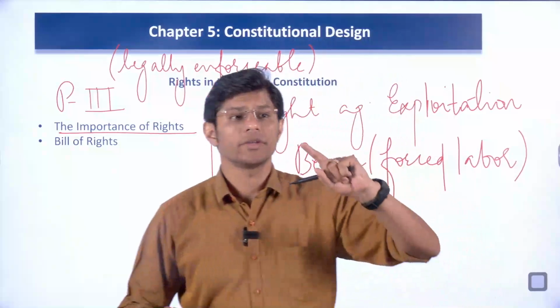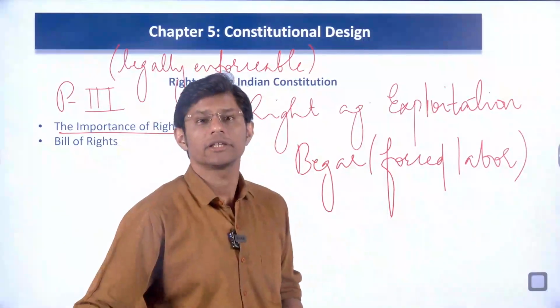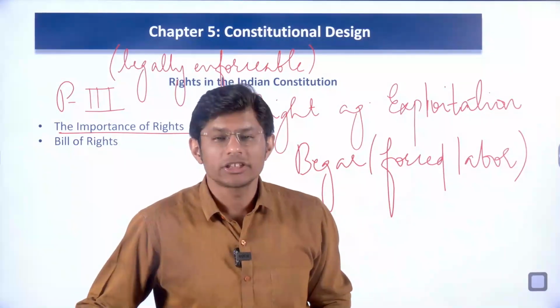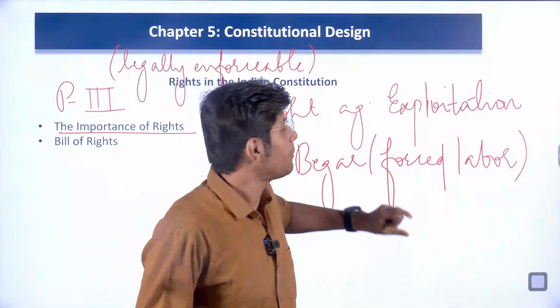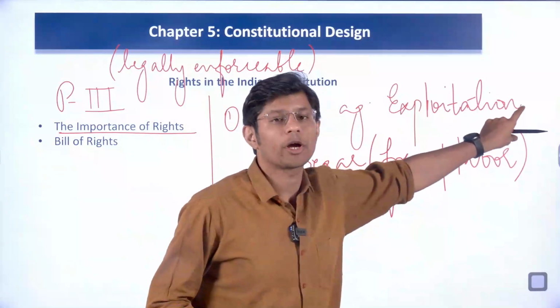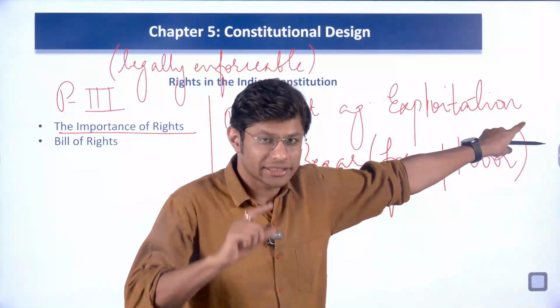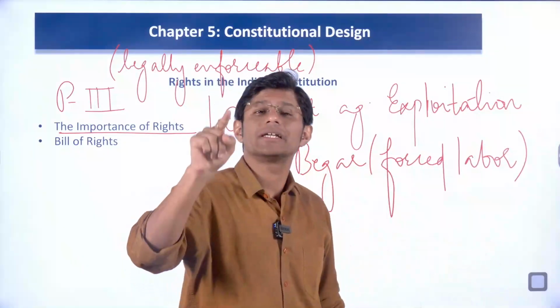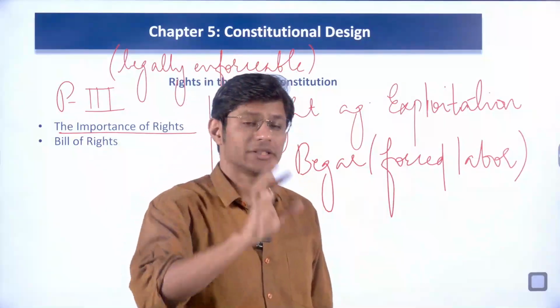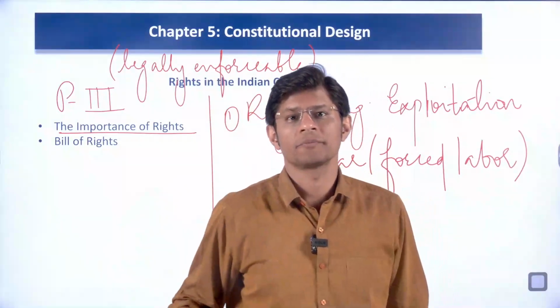This is what the social scientists petitioned in the Supreme Court, which means this forced labor, begar, violated the fundamental right against exploitation. We discussed in brief Article 23, which is the fundamental right against exploitation, which means citizens cannot be exploited.